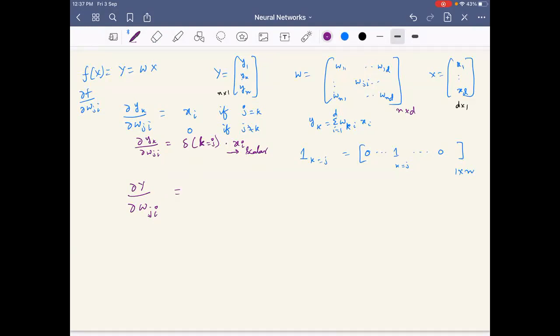With respect to the first one, if I differentiate, say j equal to 2, then for Y1, W21, W22, or any of the second row of W will not have any impact on the variation of Y1. So it is essentially 0. The second row of W will have some effect on Y2, and hence it is non-zero. And that effect is ∂Y2/∂Wji, which is nothing but the corresponding Xi.